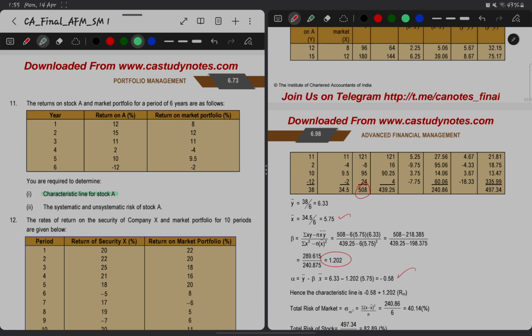Now the second requirement is the systematic and unsystematic risk of stock A. Systematic risk can be found using this formula: beta square multiplied by the market's variance.